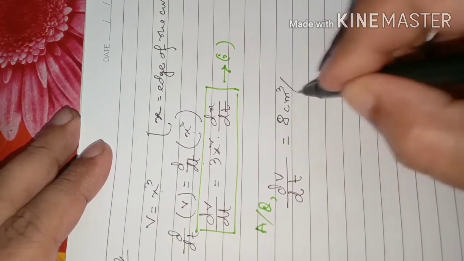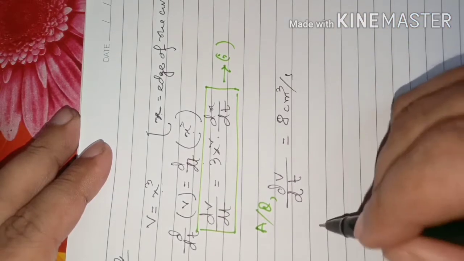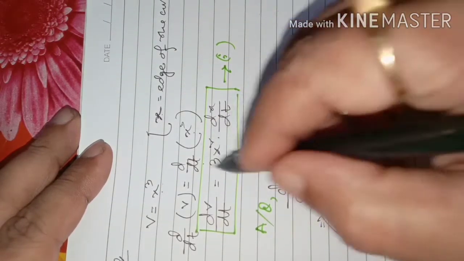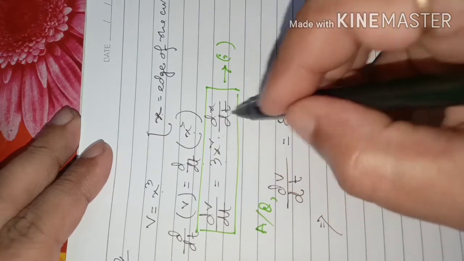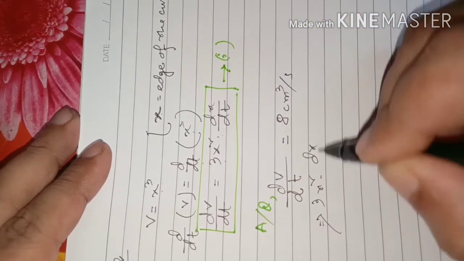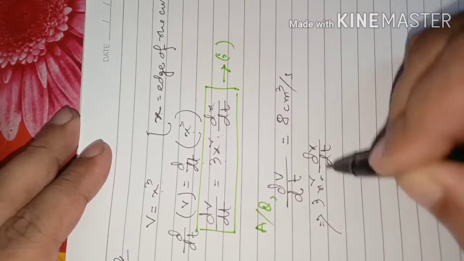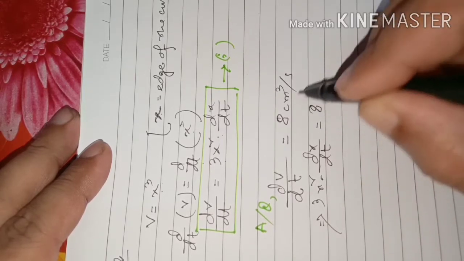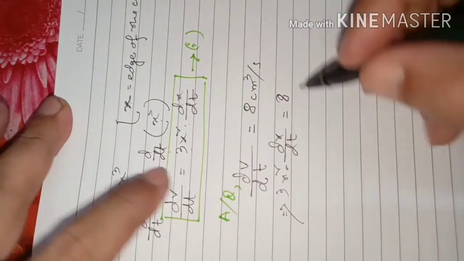So dV by dt we got here is 3x square into dx by dt. Let us put 3x square into dx by dt equal to 8. No need of writing centimeter cube per second, you will understand it.